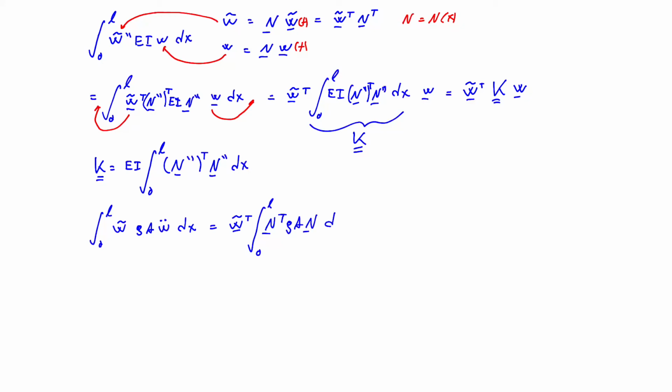These are vectors integrated over x multiplied by the acceleration. And this will then define the mass matrix, whereby we will have M and then the acceleration vector at the right.